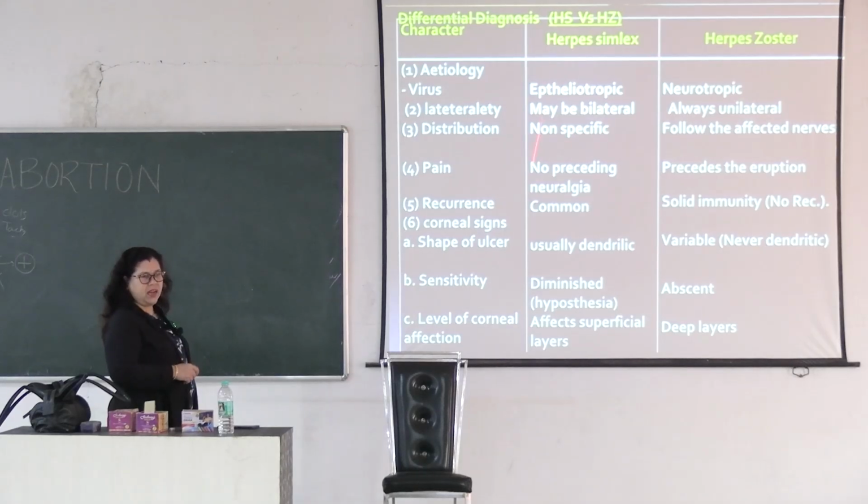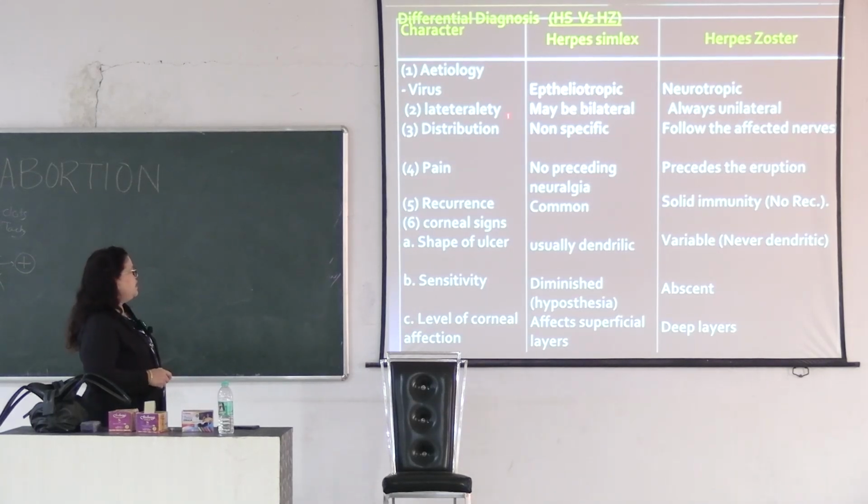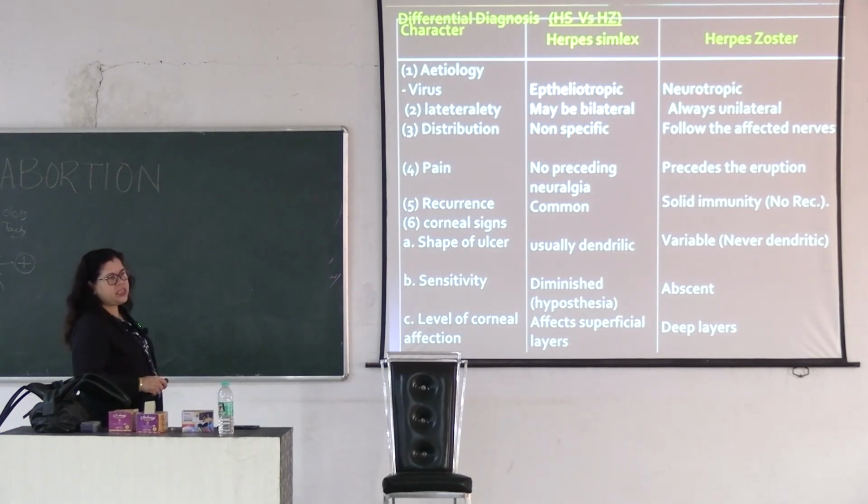One affects above the waist and 2 affects the lower body parts. This herpes simplex virus is mostly epitheliotropic, affecting the epithelium, and herpes zoster is neurotropic, affecting the nerves.